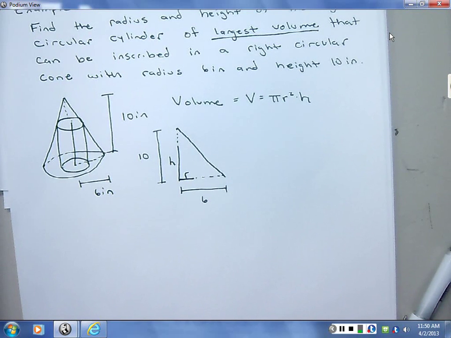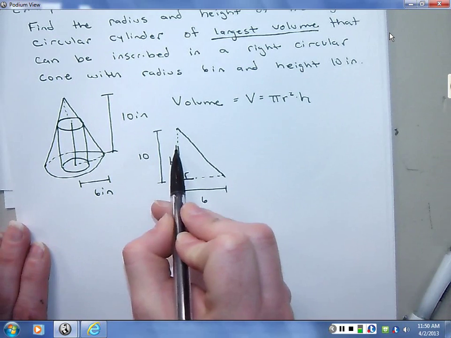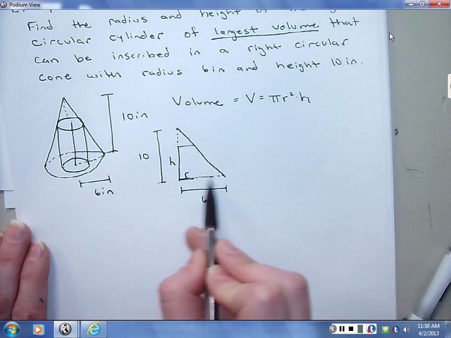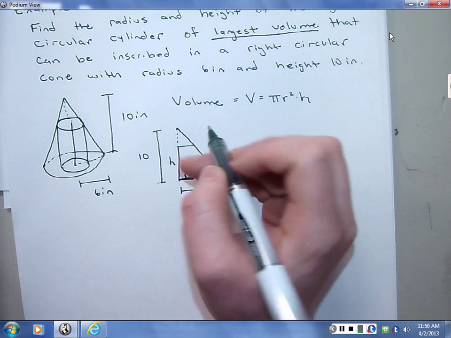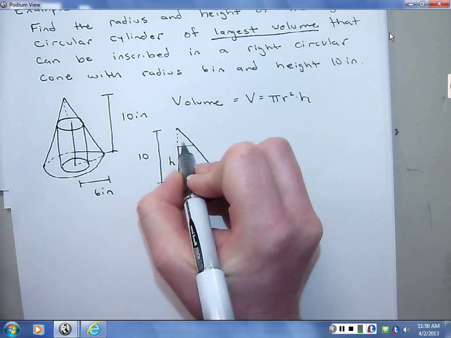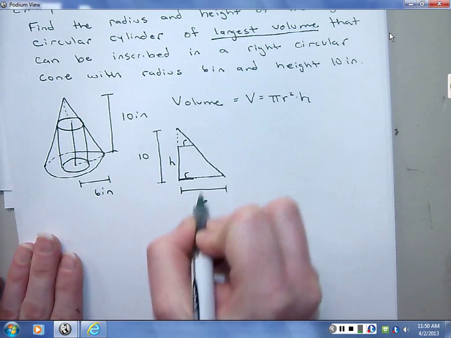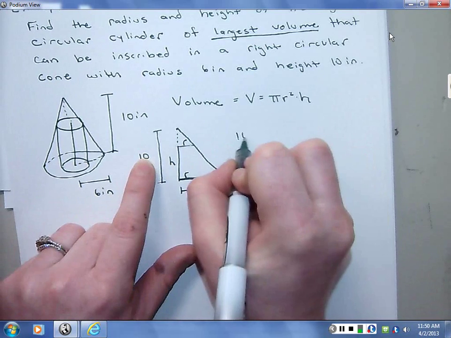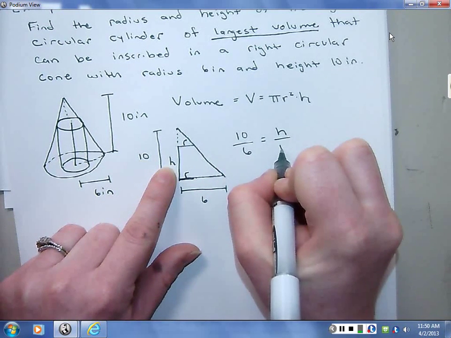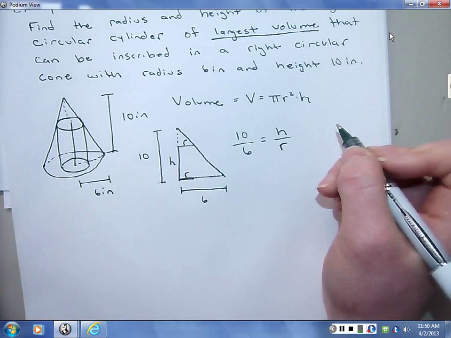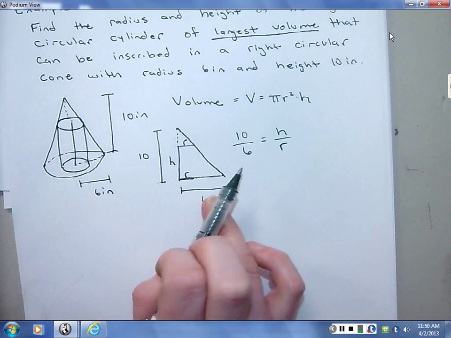So what you're really going to do here is similar triangles. So this would be r here. This would be 6. So I can say 10 is to 6 as h is to r.